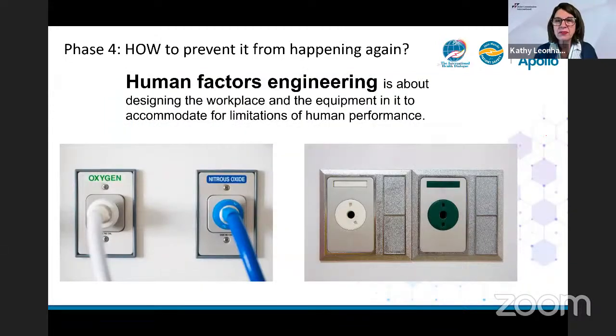So how do we prevent it from happening again? I talked about engineering controls. Well, one of the most critical concepts in patient safety that we've learned about in the past few years is human factors. Human factors is understanding the interaction, the relationship between humans and the systems within which they interact.